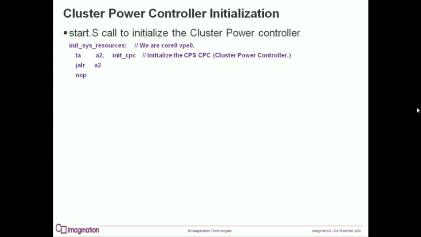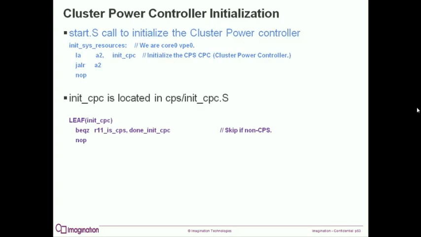Back in start.s, in the init sys resources section, the init CPC is called to initialize the cluster power controller. In the init CPC function, the code first checks to see if this is a coherent processing system by checking R11 is CPS. If it is not, then it will not have a CPC, so it will skip to the end and return. If this is a CPS, then the code will check to see if there is a cluster power controller.